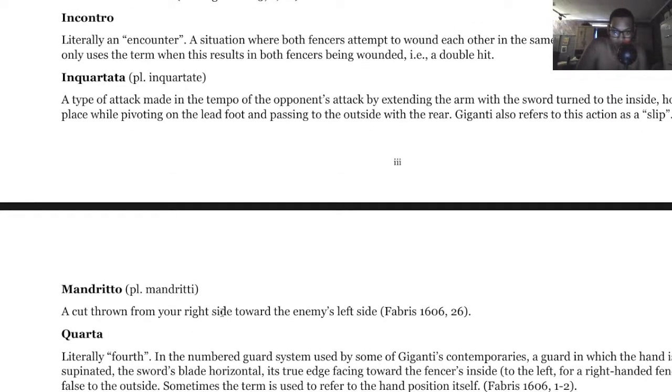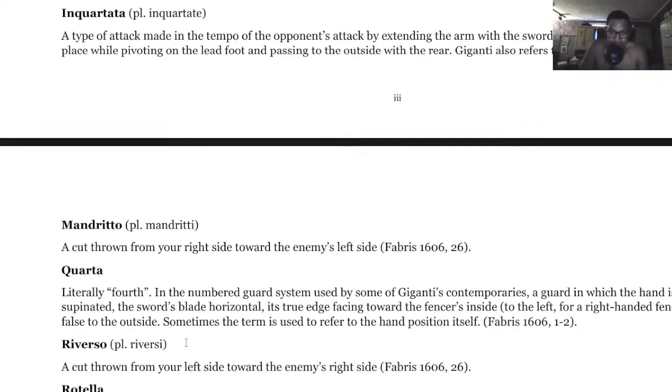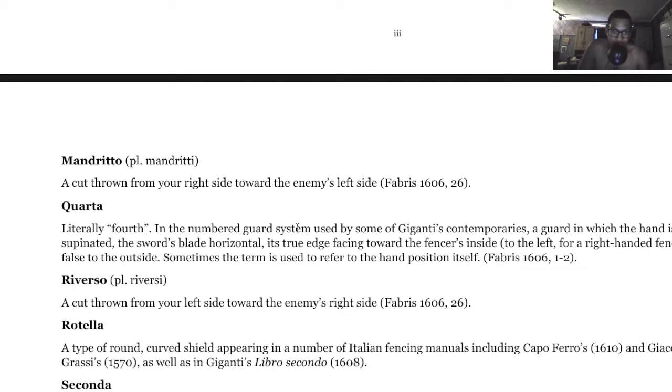Mandritto, a cut thrown from your right side toward the enemy's left side. Quarta, literally fourth in the numbered guard system used by Giganti's contemporaries, a guard in which the hand is held supinated, the sword's blade horizontal, its true edge facing towards the fencer's inside, to the left side for a right-hand fencer, its false edge to the outside. Sometimes the term is used to refer to the hand position itself.